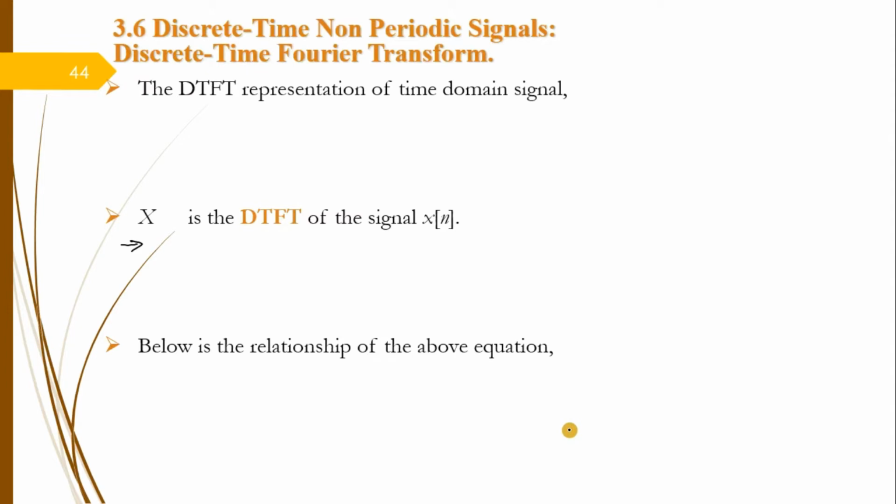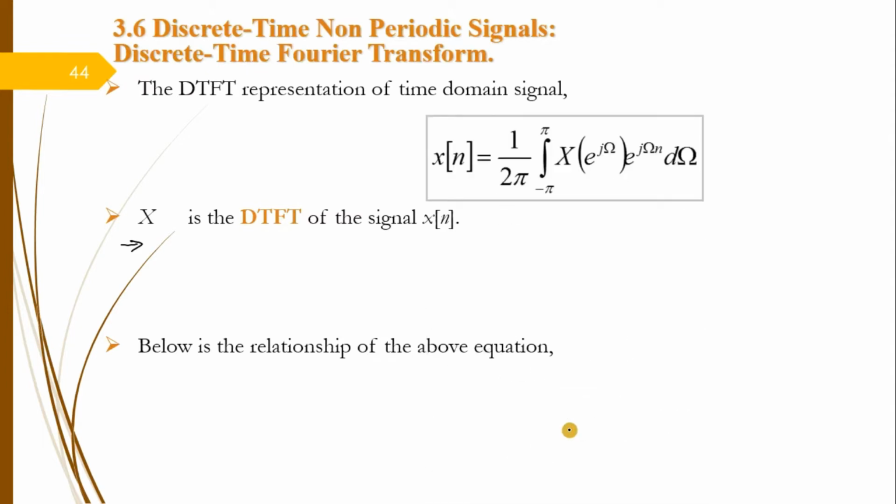So here, the DTFT representation of the time domain signal is done by the equation that is in front of you. x of n is a discrete time signal, and it is represented by the Fourier transform coefficients, which are represented by capital X of e raised to j omega. In contrast with the previous series, Fourier series and discrete time Fourier series, where we were using X of k, here we are using X of e raised to j omega.